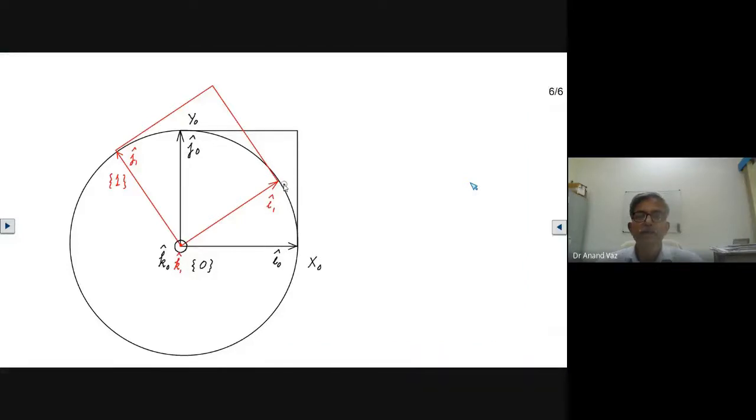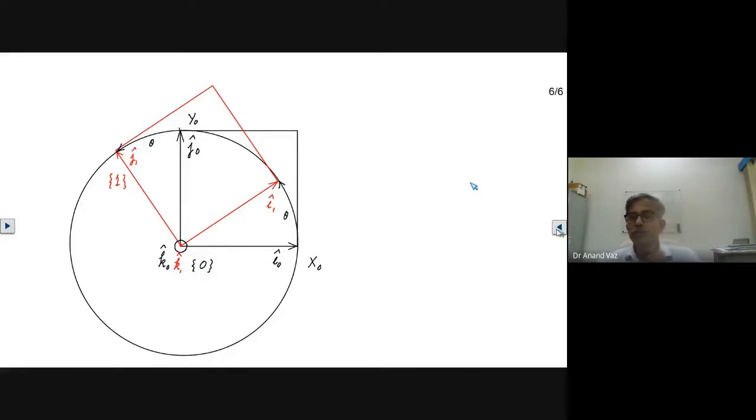This angle is theta. This angle here, from here to here, is theta, starting from here to here.